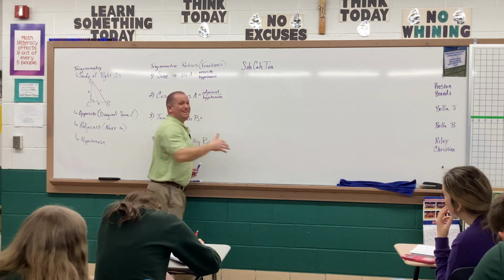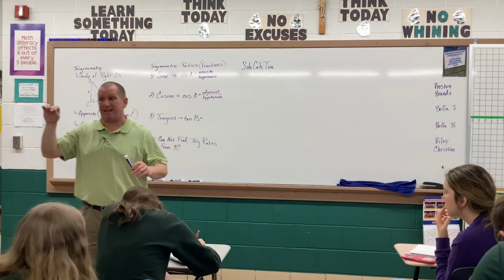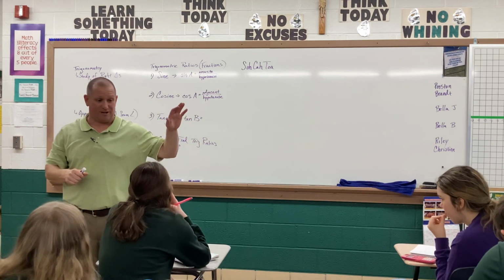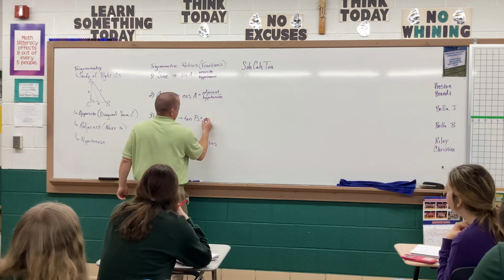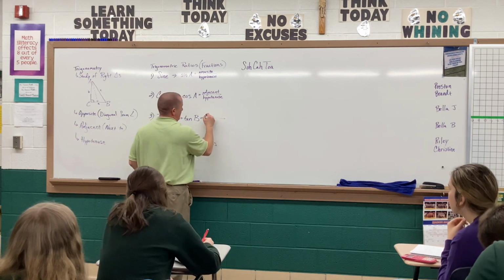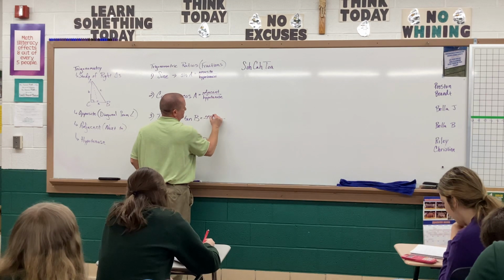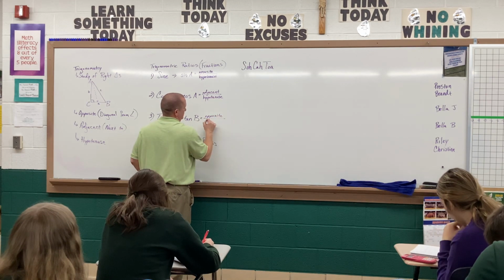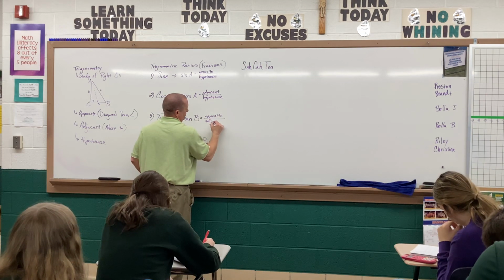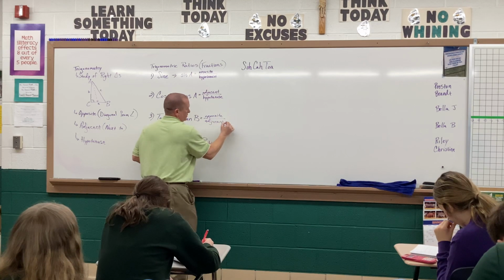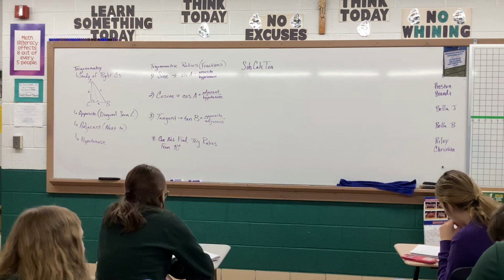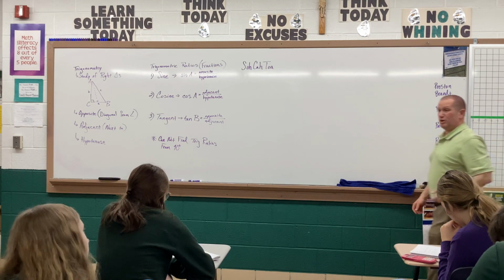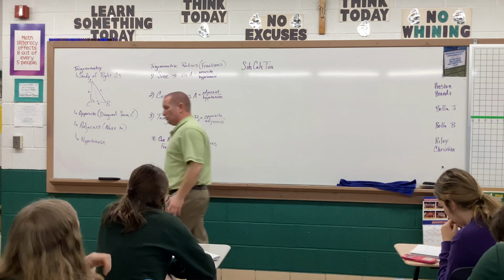And again, this is the most important thing: if you can't spell the word SOHCAHTOA, then you've got to figure out a different way of remembering it. So for tangent, it's the opposite over the adjacent.